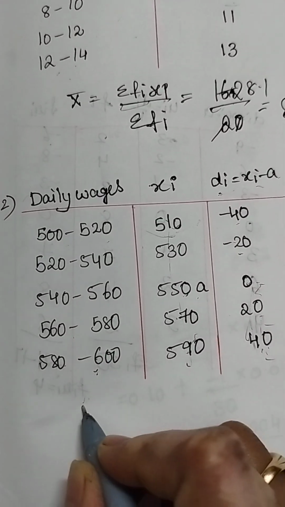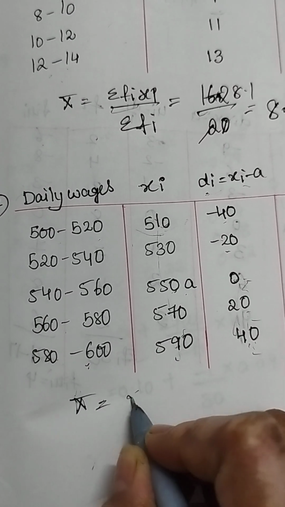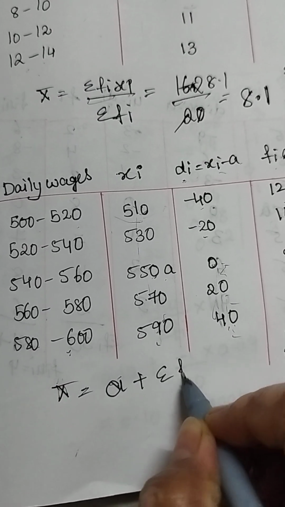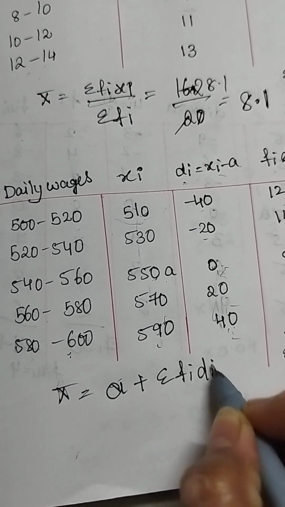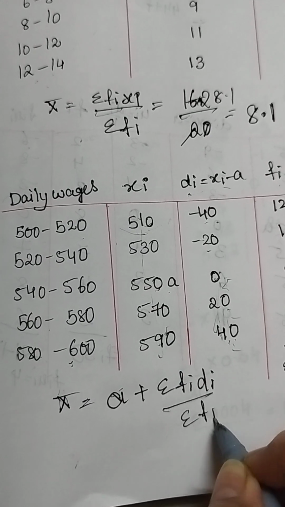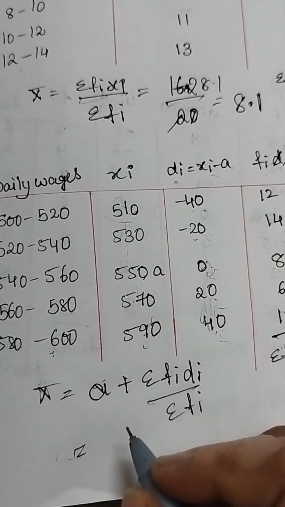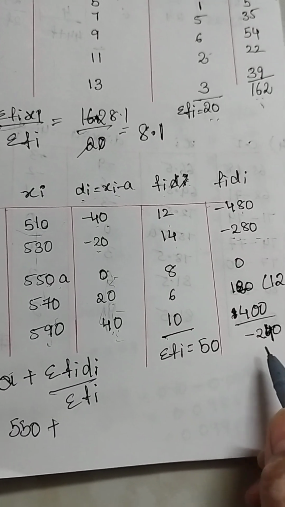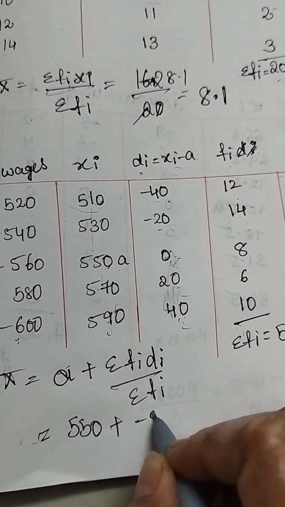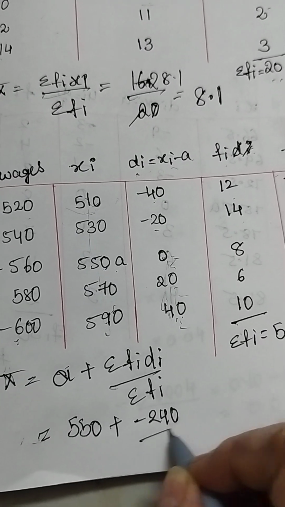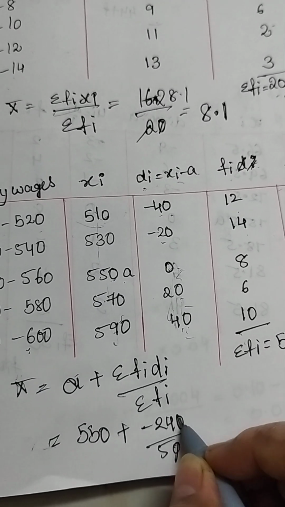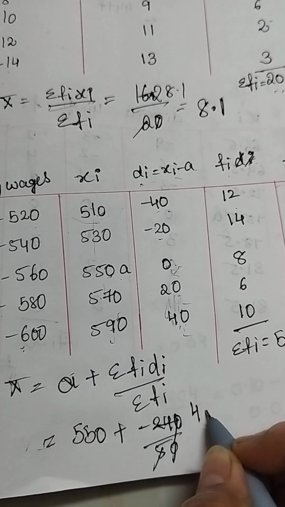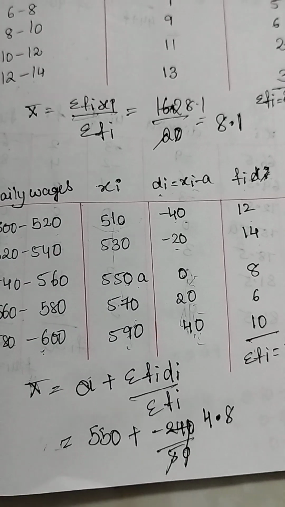So the mean by this method is x bar equal to a plus summation fi di by summation fi. If you substitute the values you will get 550 plus summation fi di, minus 240, by 50. Do the calculations: 5 4s are 20, 4.8, 5 8s are 40.